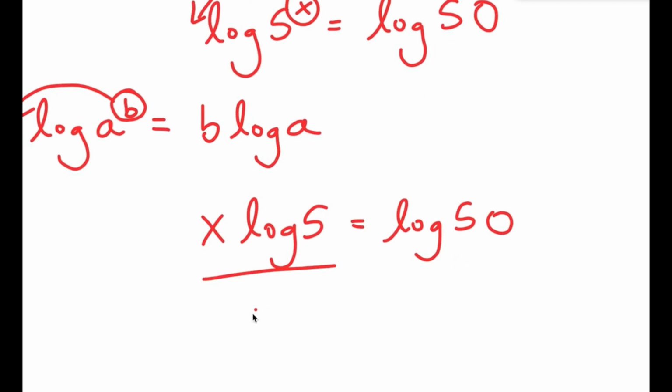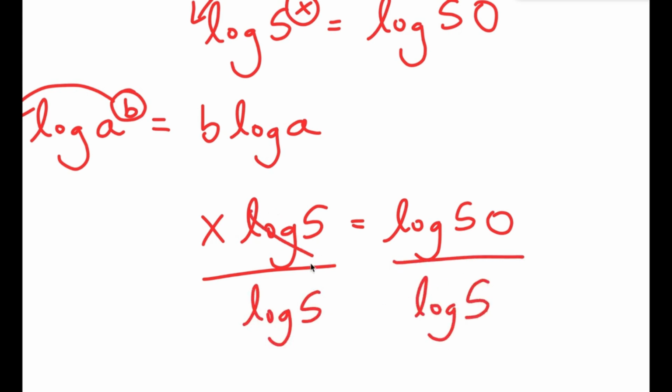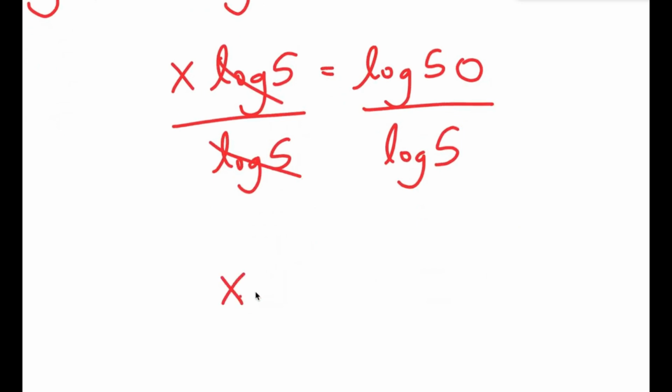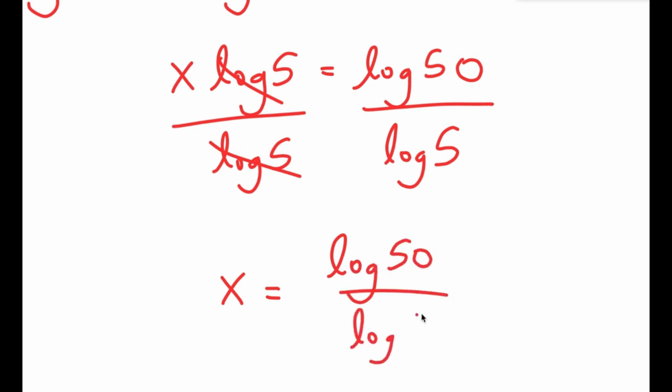Now from here, I'm going to divide both sides by log 5. Then these two cancel out, and I get x is equal to log 50 over log 5.